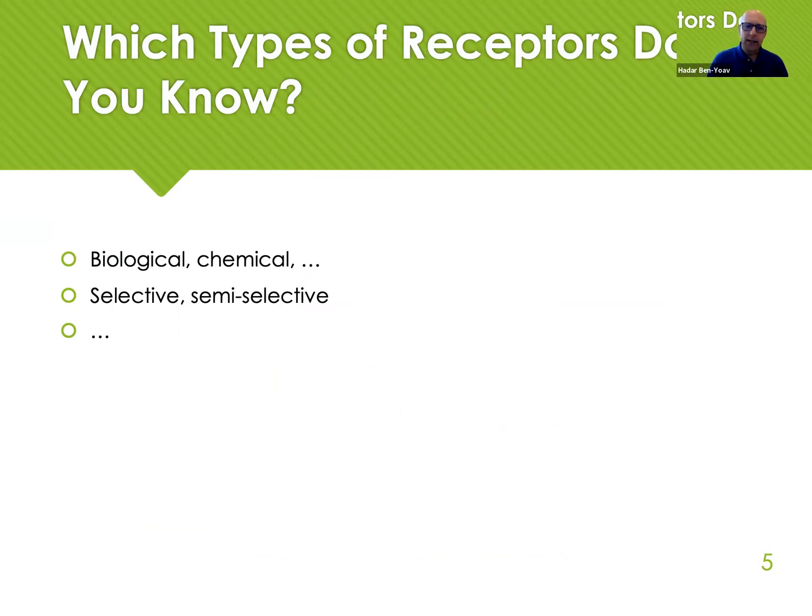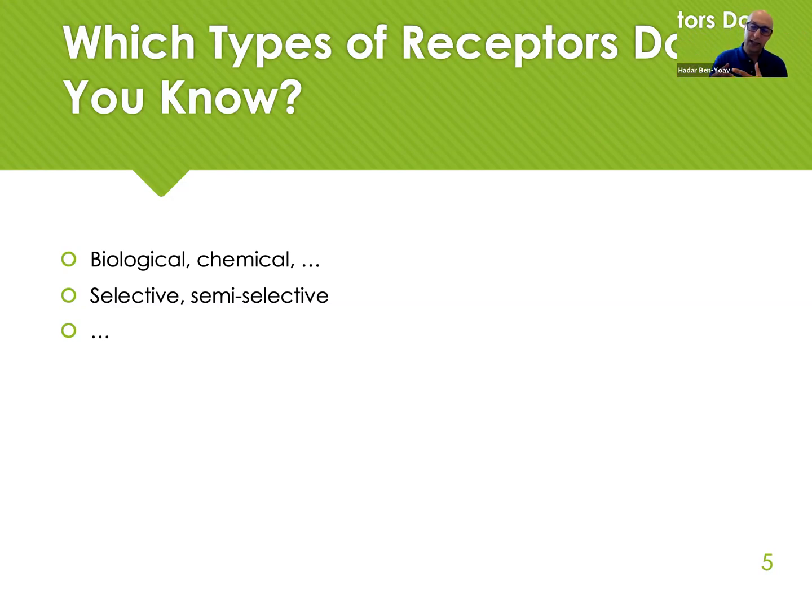They can also be selective or semi-selective. There is a range of selectivity: on one end you have non-selective, which basically detects any type of molecule without any selectivity, and on the other end there is specific, which means it will only bind to the specific analyte and not to other molecules. But it's never 0 or 1. There is always some type of selectivity in this range.